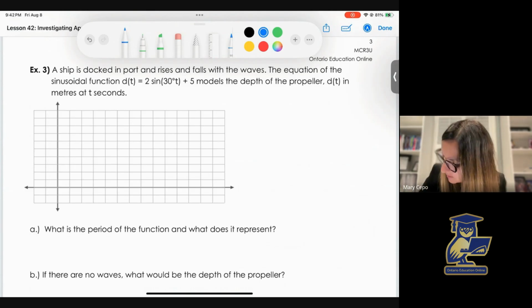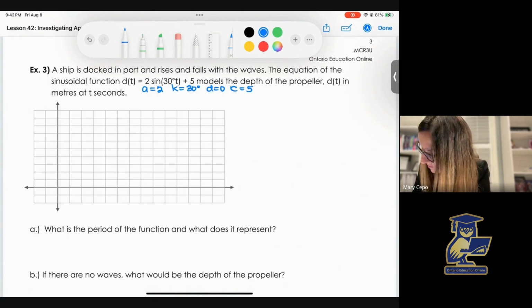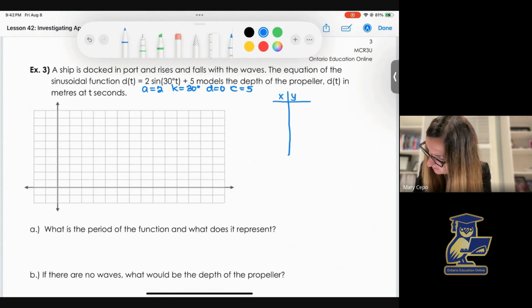So we know A is equal to 2, K is equal to 30, D is equal to 0, and C is equal to 5. Again, it is a sine function, so the parent function key points for y is equal to sine of x: at 0, we're at 0. At 90 degrees, we're at 1.